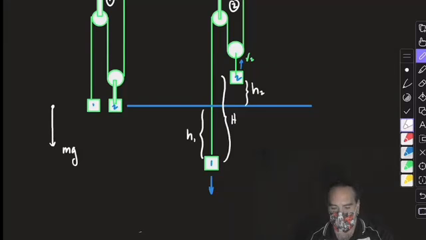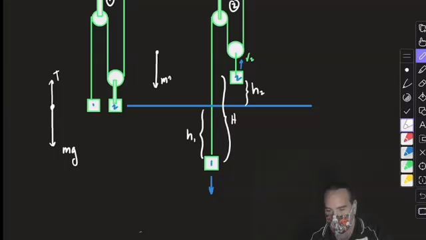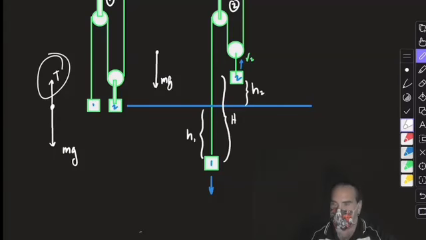Now, I believe the tension upwards is less than the weight downwards. I believe that because I have to rationalize this and compare it with what's happening to box 2, which has an identical downwards vector of mg, but is going to have twice whatever this is acting upwards.